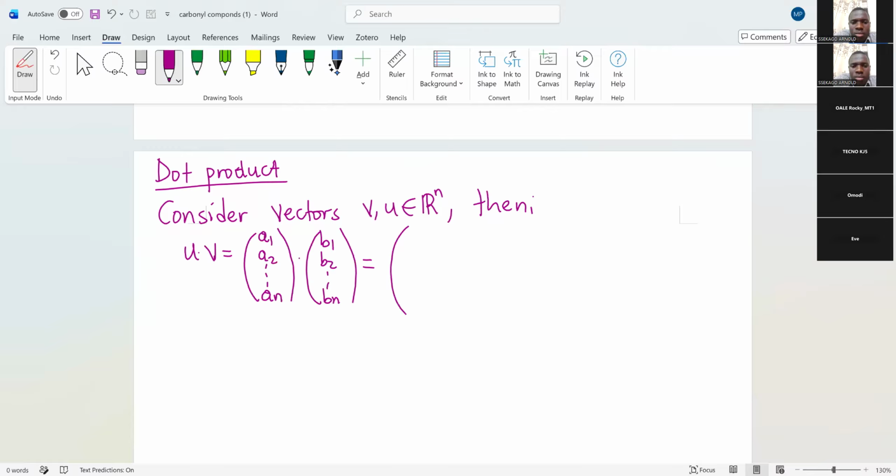So this will be a1 times b1 like that, then plus a2 times b2 up to an times bn. That is the dot product of two vectors.